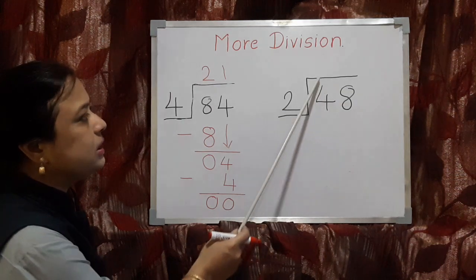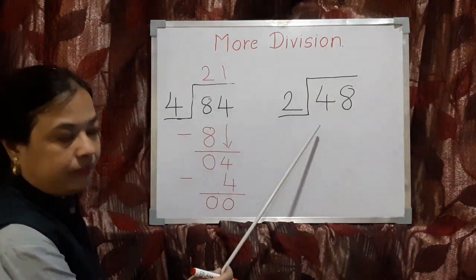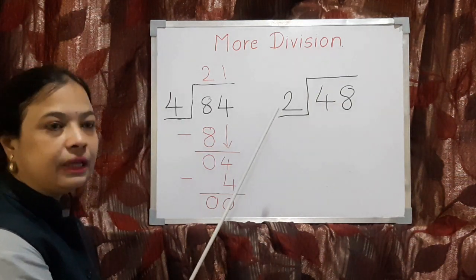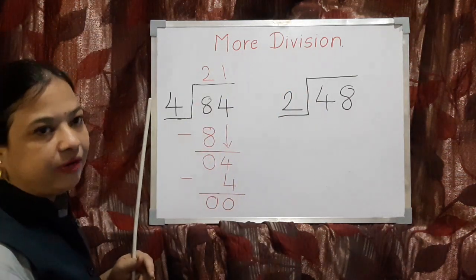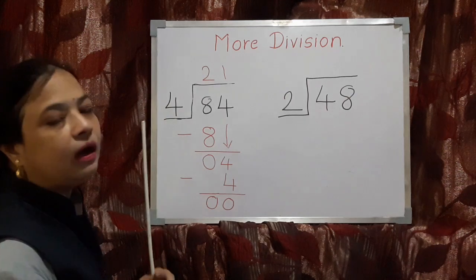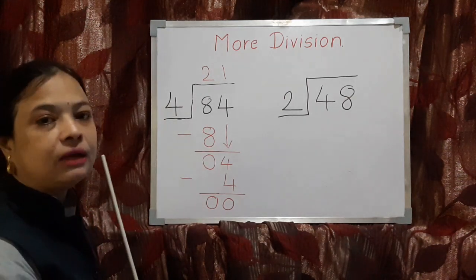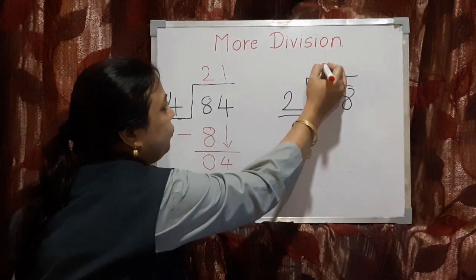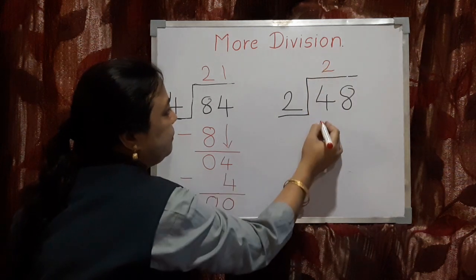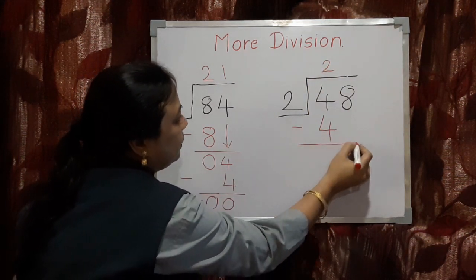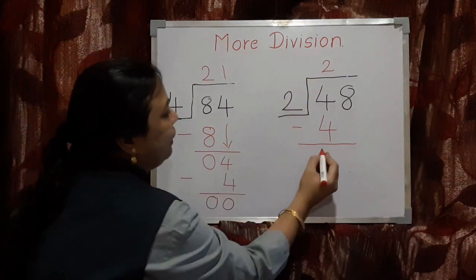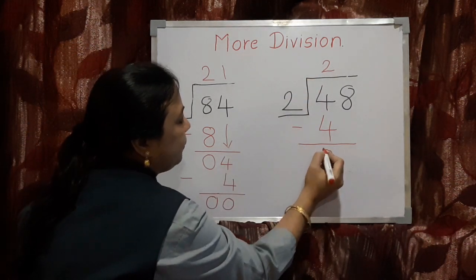Here the first number is 4. Okay, 4 is bigger than 2. So we are going to take only one number in our first step. So in the 2 table, when 4 comes, 2 2s are 4. Now 4 minus 4 will be 0.